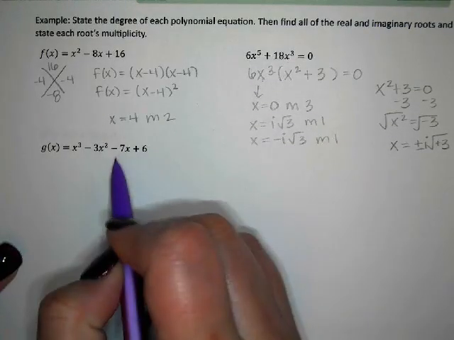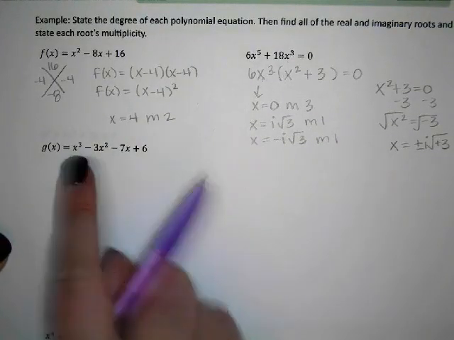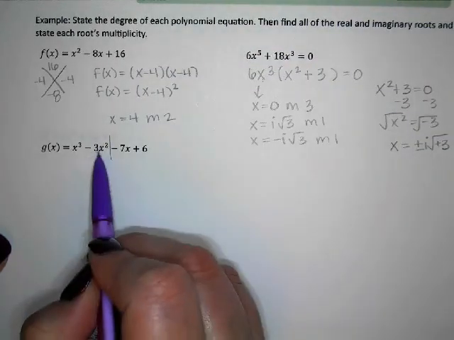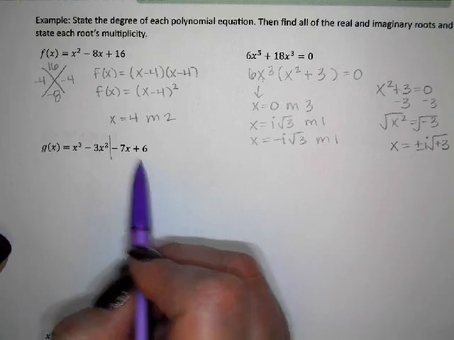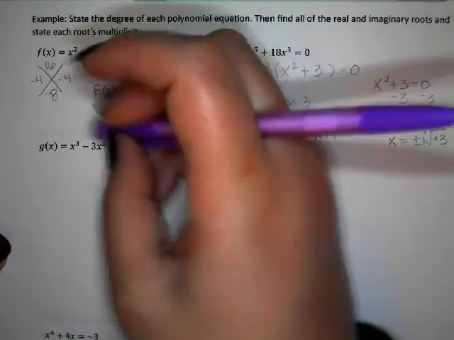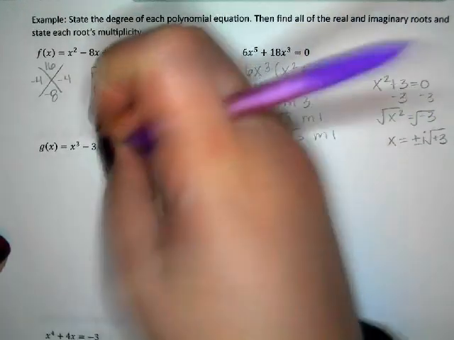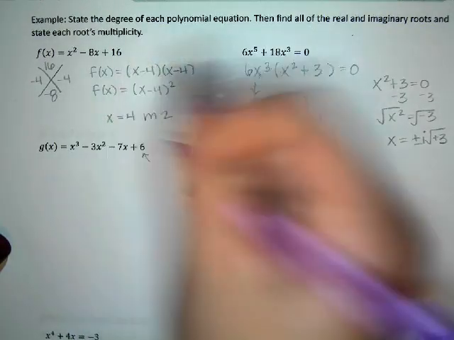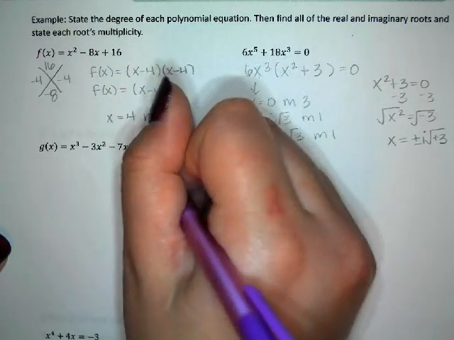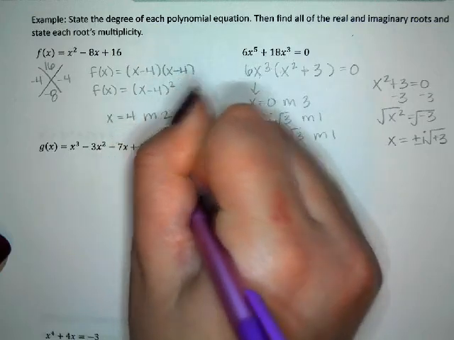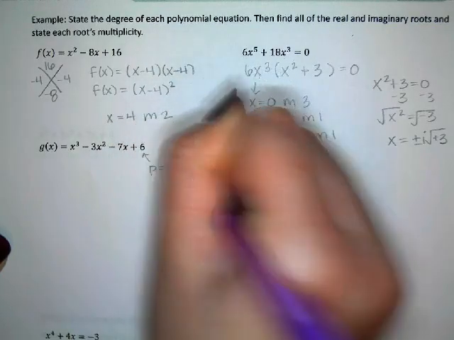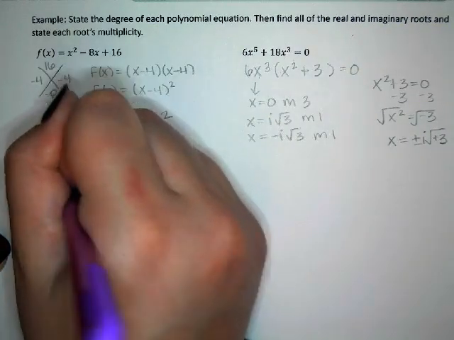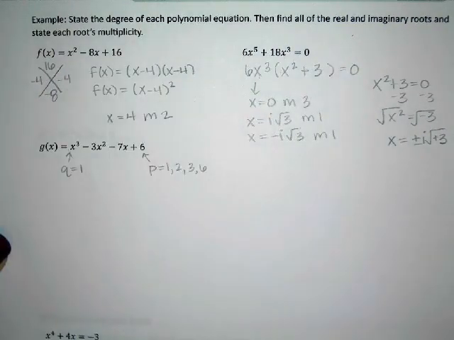All right, for this one, if I was going to factor this, I would have to split this in half and factor by grouping. And unfortunately, this one does not factor by grouping. And so that means that I have to use the rational root theorem to be able to factor this one. So for the p-values, I've got 1, 2, 3, and 6. For the q-values, I have 1.